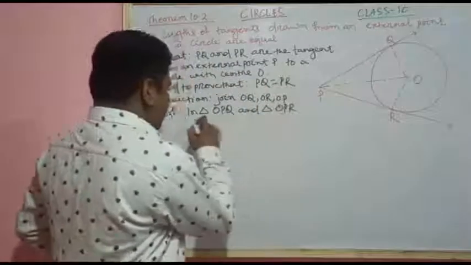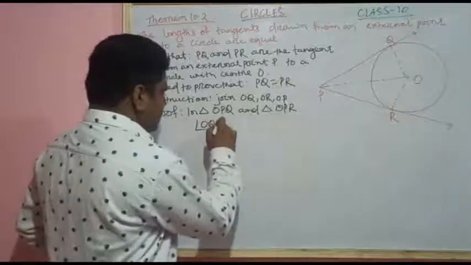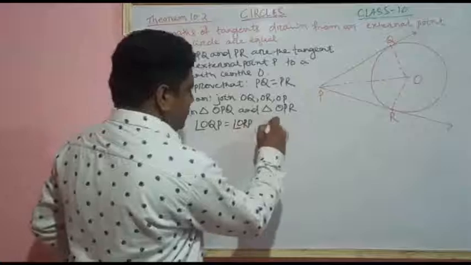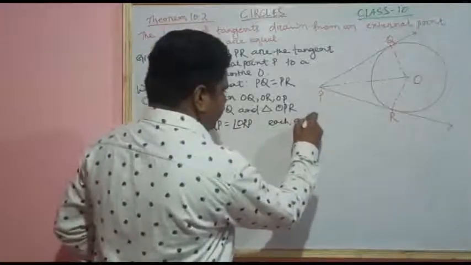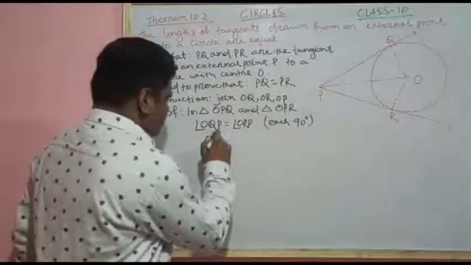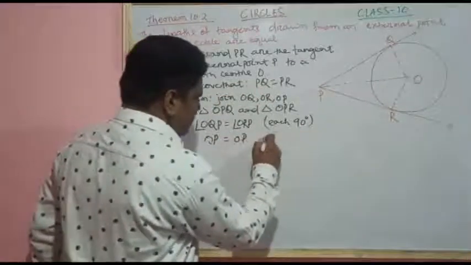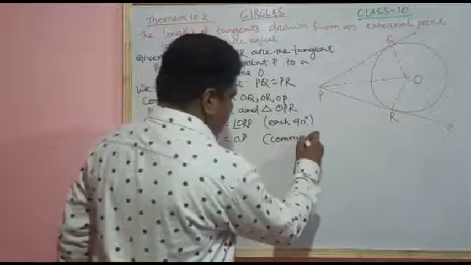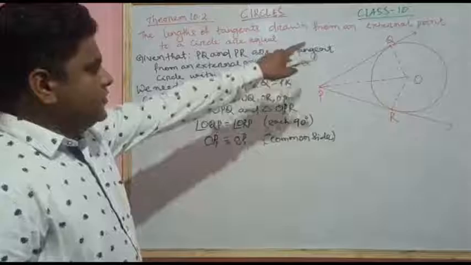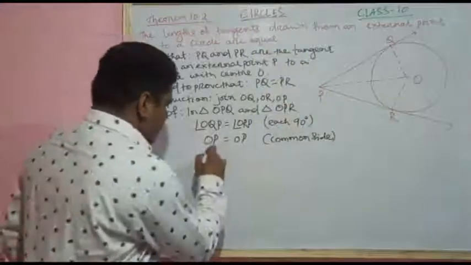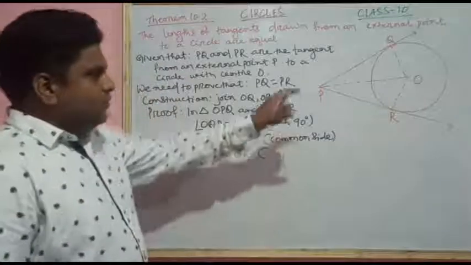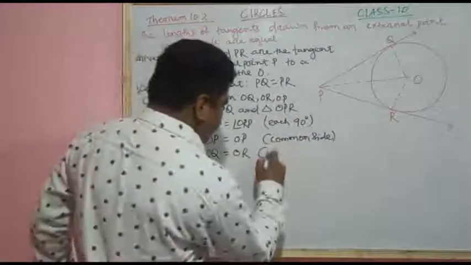So angle OQP is equal to angle ORP, each 90 degrees. Again OP is the common side, so OP is equal to OP. And OQ equal to OR, these are radii of the same circle.